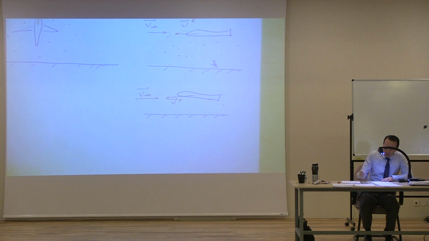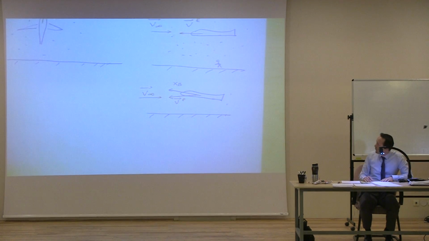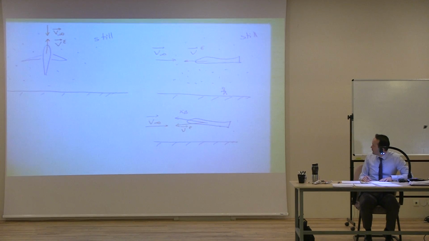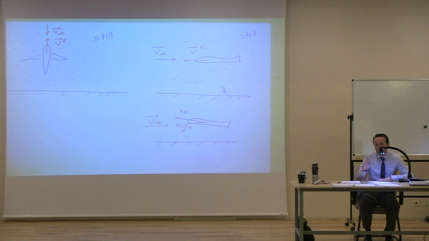And this one here is X body. Because the atmosphere is still, the velocity of the airplane is this one, and if the atmosphere is not moving with the Earth, the atmosphere and the Earth are the same reference frame. Do you understand that? If the atmosphere and the Earth are not moving with respect to each other, then it is the same reference frame.